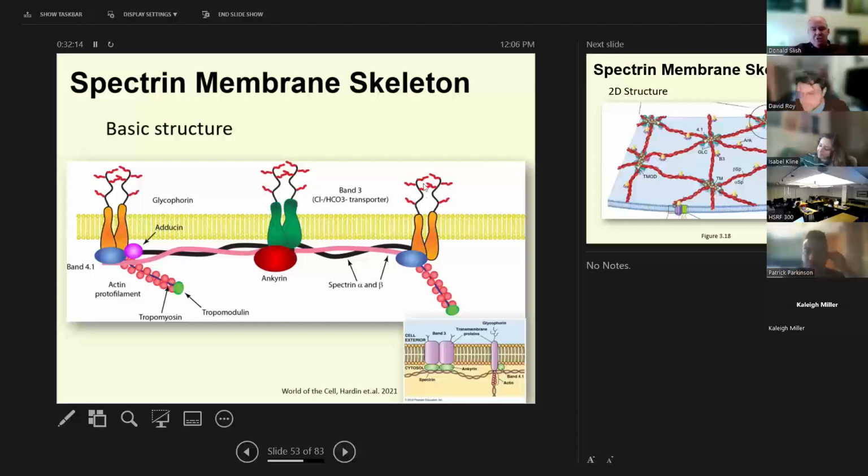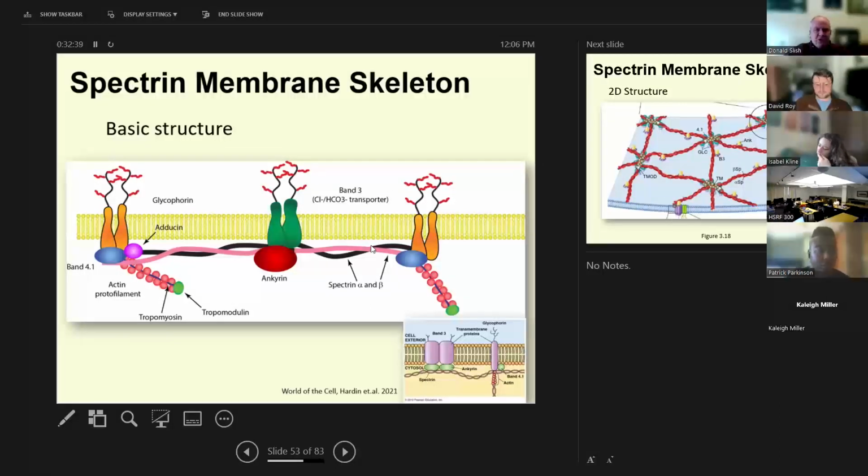It's called glycophorin because it's got a lot of glycosylations on it. Remember, we talked about glycosylations being important for immune recognition of cells. So glycophorin then binds to this band 4.1 and adducin, and an actin protofilament, and that's all part of this structure.